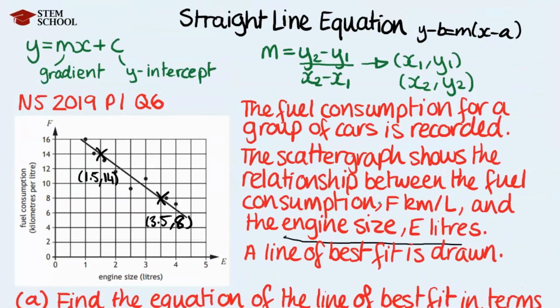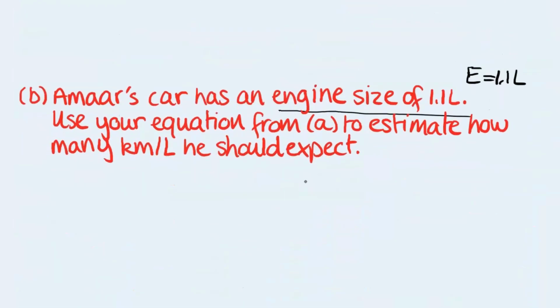If you look at the question, it's the fuel consumption here, which is denoted by F. So we know E is equal to 1.1 litres, and then what's F? Okay, so that's a typical question.